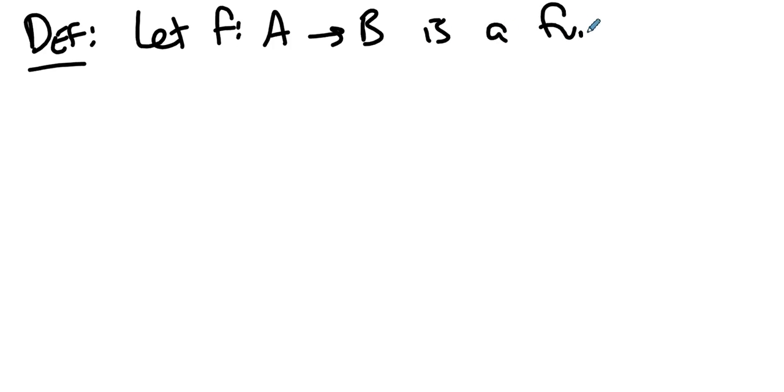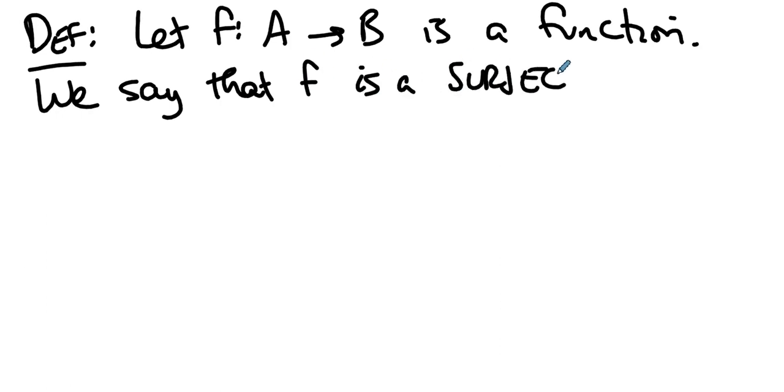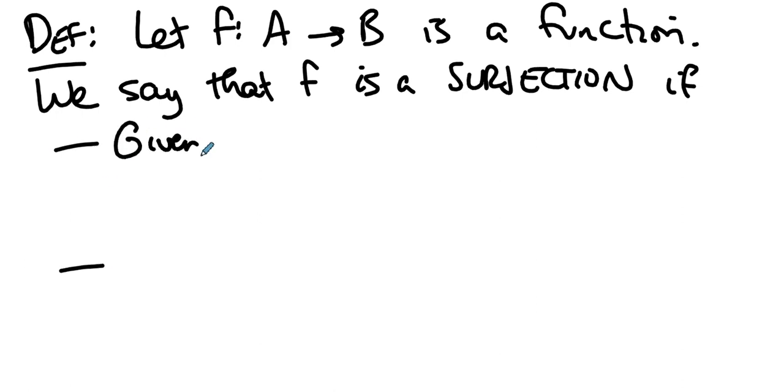Likewise, let f be a function from A to B. We say that f is a surjection if. And then there's two ways to justify that.